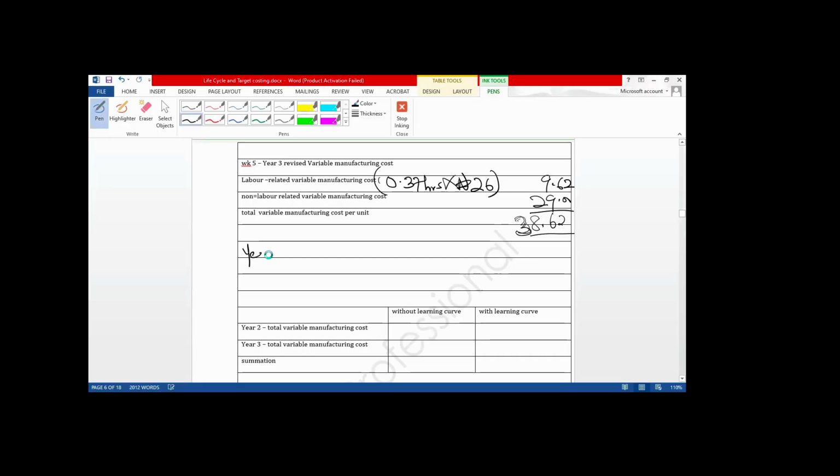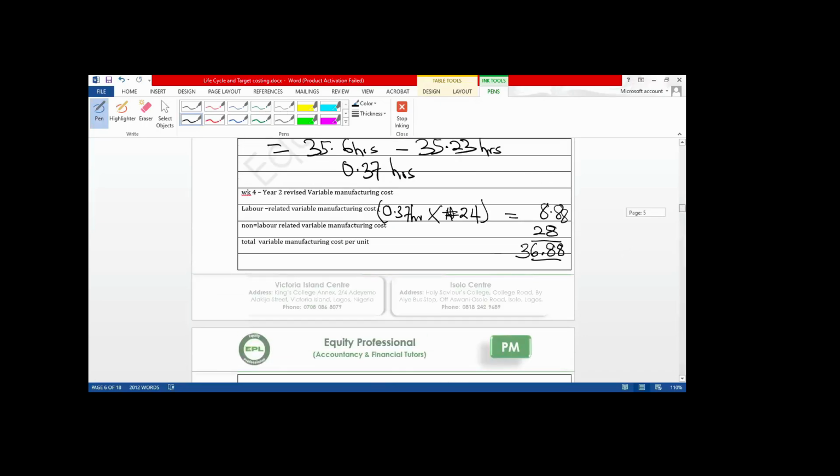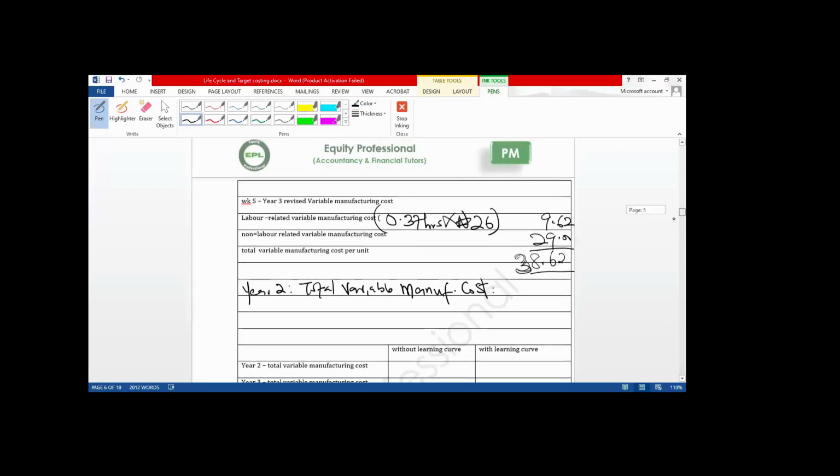Year 2 total variable manufacturing cost. For year 2, we said per unit is 36.88. How many are we going to manufacture for year 2?